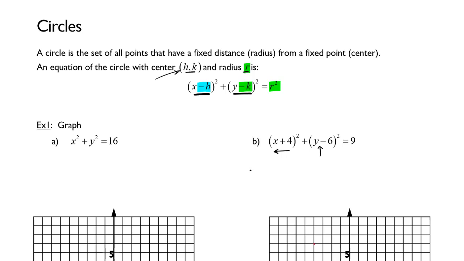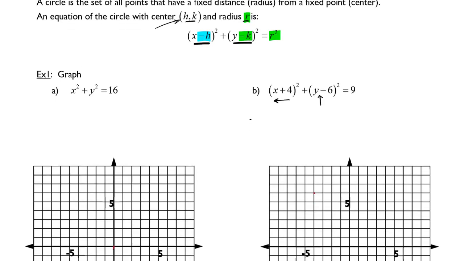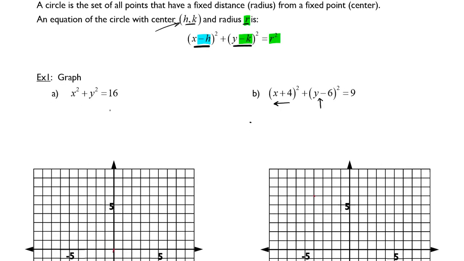Now let's take a look at how to graph this first equation. Remember that 16 is equal to r squared. So when we solve for r, it's going to be the square root of 16, and because we cannot have a negative radius in 3 dimensions, we're going to say that r is equal to 4.